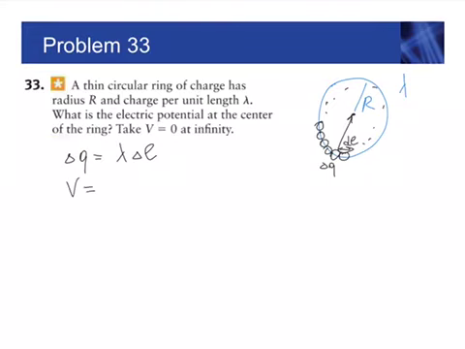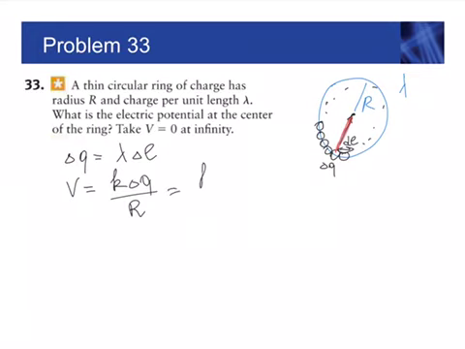Potential due to delta Q is equal to k delta Q over R, the distance from this charge to the center of the ring.